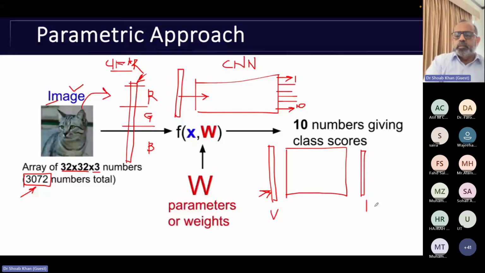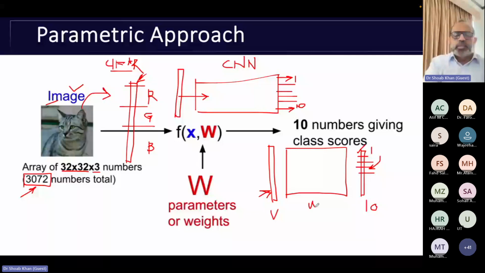Why 10? Because this image, which represents a cat, should have the maximum value where the cat label is located. Perhaps the first label is the cat, so I want to see a higher value there, and ideally zeros elsewhere and one here. So I want a weight, I mean, usually that is not possible. I want a matrix.